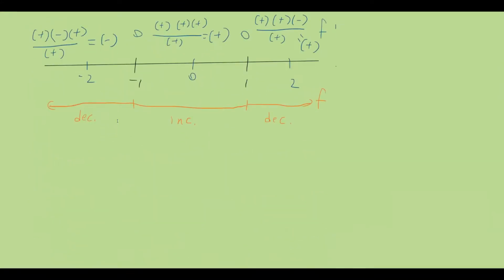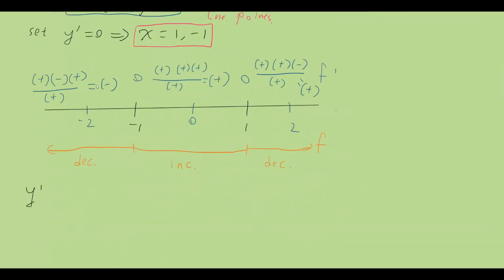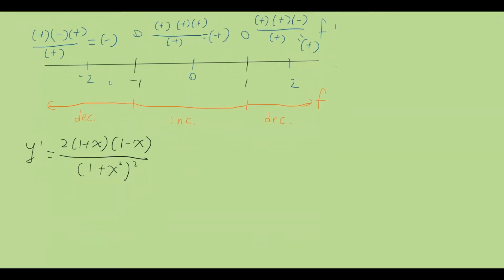Okay, so we have y prime is equal to 2 times 1 plus x times 1 minus x over 1 plus x squared quantity squared. Now I'm actually going to multiply the numerator together like this. Multiply the 1 plus x and 1 minus x together. I'll get 2 times 1 minus x squared all over 1 plus x squared quantity squared.